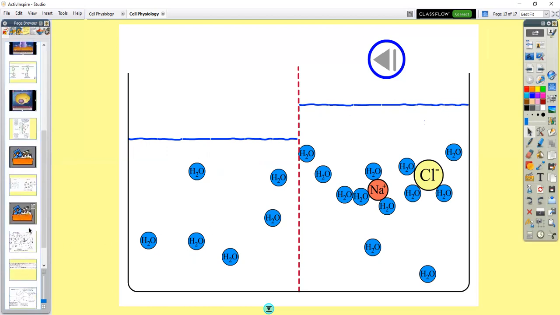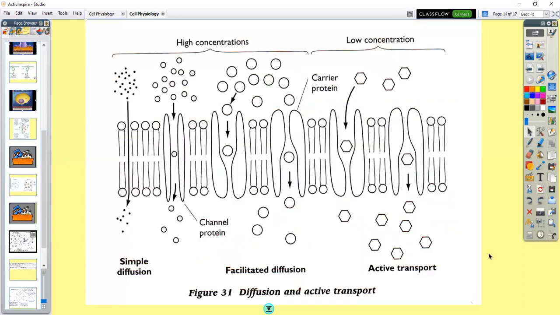Okay, there you can see an overview of how diffusion and active transport work. So simple diffusion: small non-polar molecules can just pass through the cell membrane. Oxygen, carbon dioxide, some water can pass through here.